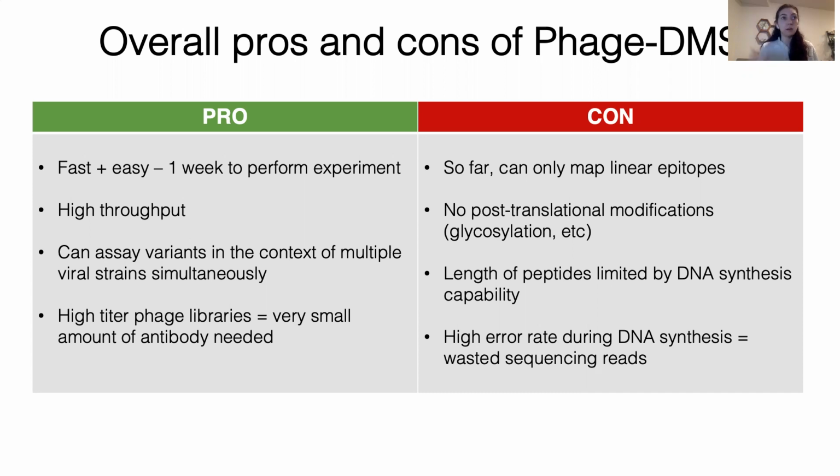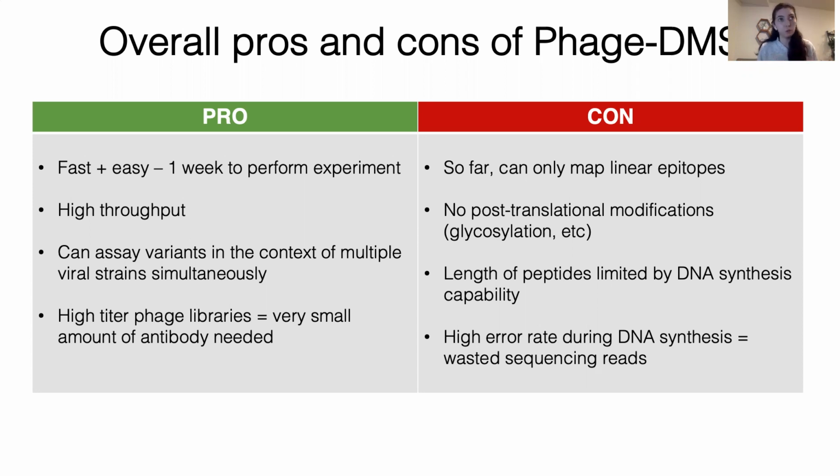We've been screening tons of patient plasma samples, and we're only able to do this because the system is so high throughput. Additionally, I didn't have time to mention this, but one cool thing is that you can assay these variants in the context of multiple viral strains all at the same time. So with HIV envelope, there are many strains of HIV.